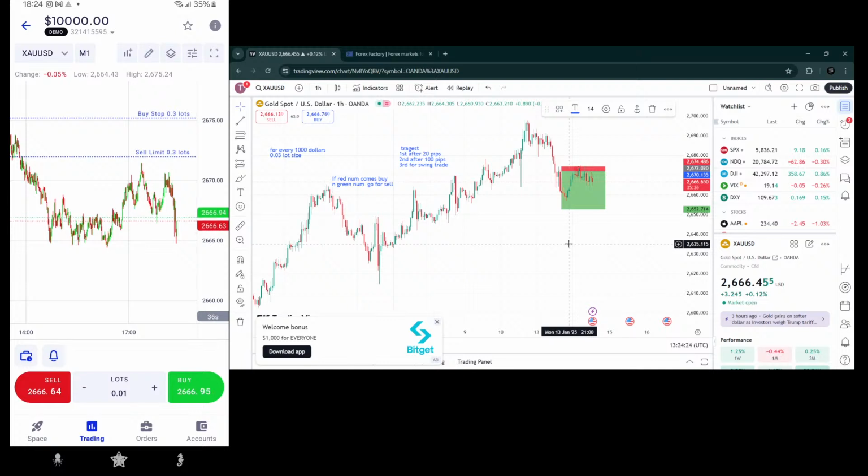6 minutes are left and the market is moving. If you see on the mobile, the market is moving very fast, and the market hits even right now 2665, but this is not a big support that the market can't cross. But only 6 minutes are left.